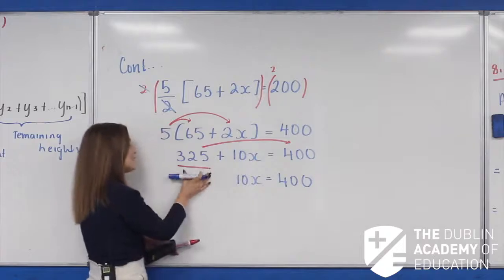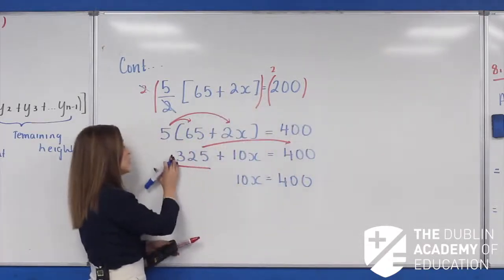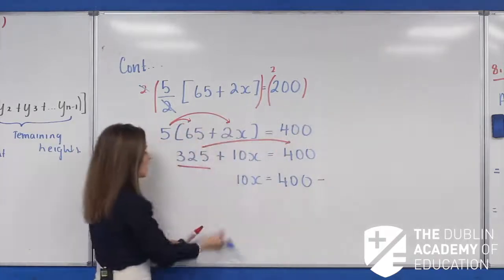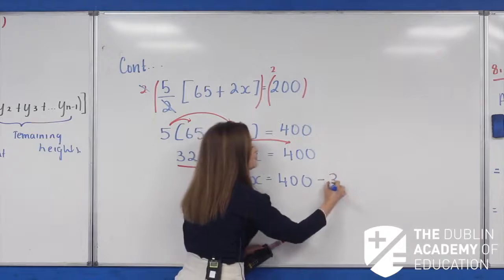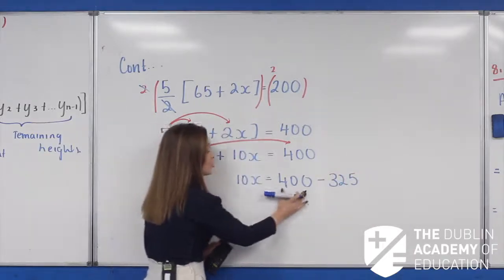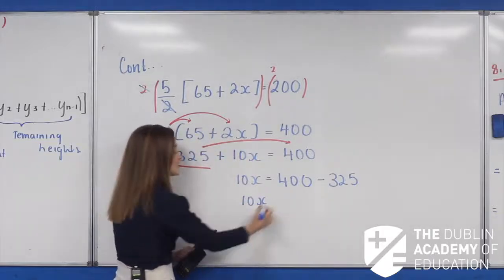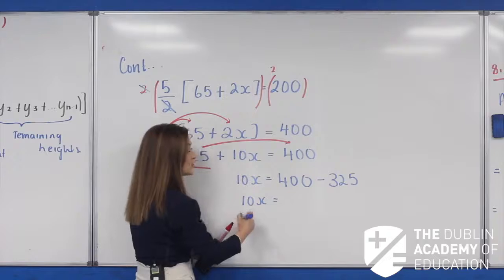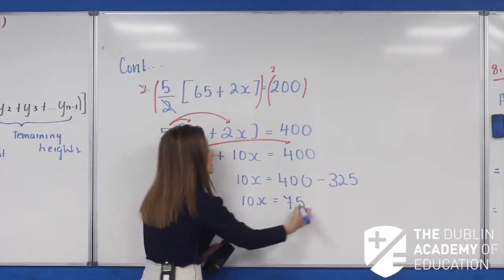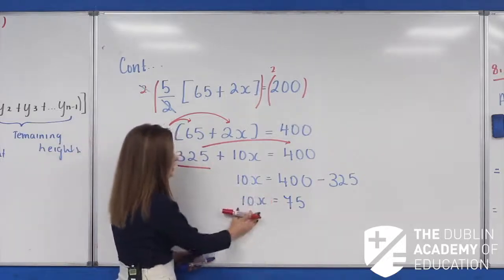And when I take this 325 across, what happens to it, as we know, the sign is a positive here, it's going to change to a minus 325. Adding up 400 minus 325, I'm going to have 10x equals 400 minus 325, which leaves me with 75.